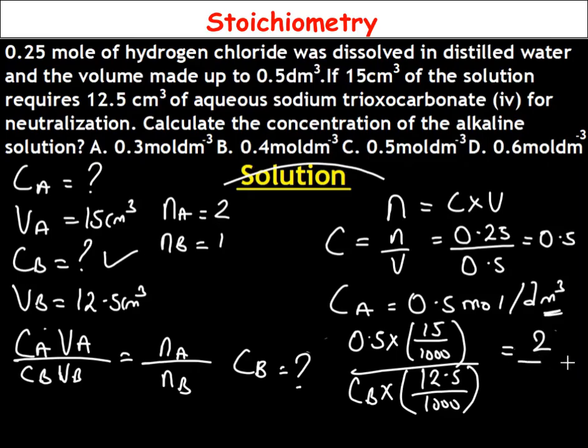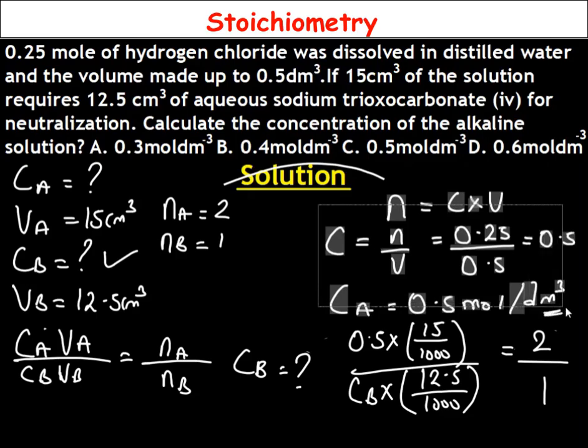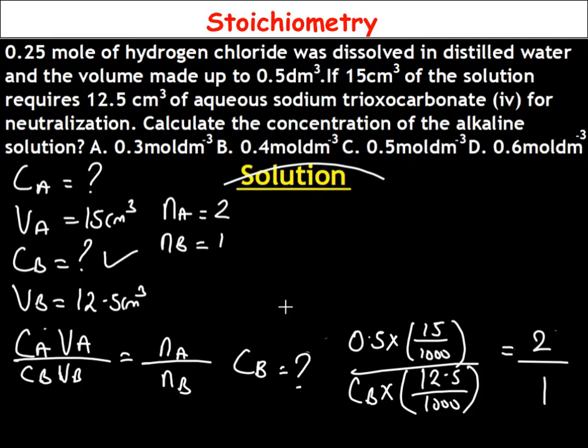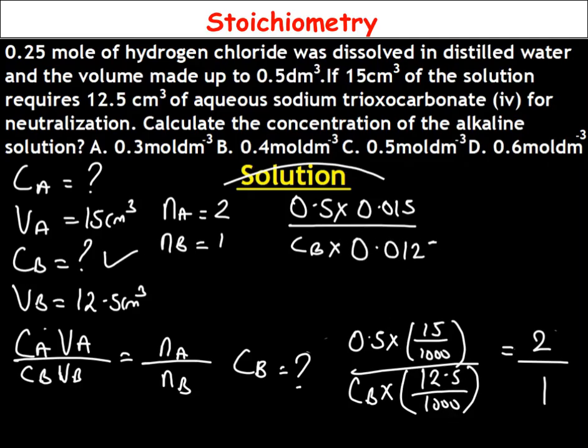So 2 over 1. With this, let us then simplify. So 0.5 times 15 over 1000 is simply 0.0075 over Cb times 12.5 over 1000, which is 0.0125, is equal to 2 over 1.